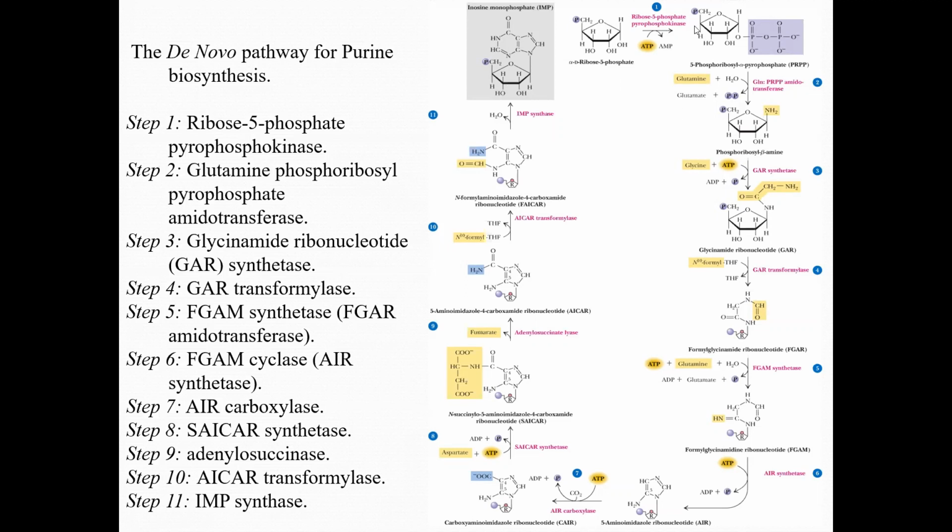Okay, in this way, in 11 steps, this PRPP is completely converted into inosine monophosphate, and these are all the names of enzymes which you have seen at your left hand side, and you can memorize this.